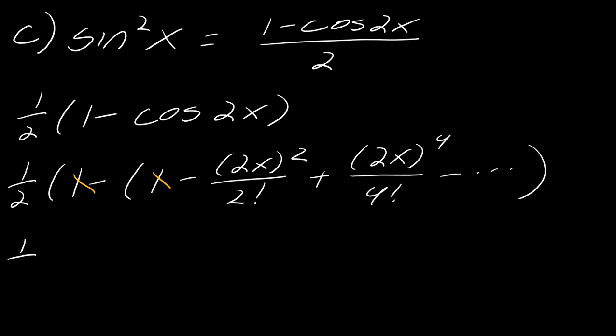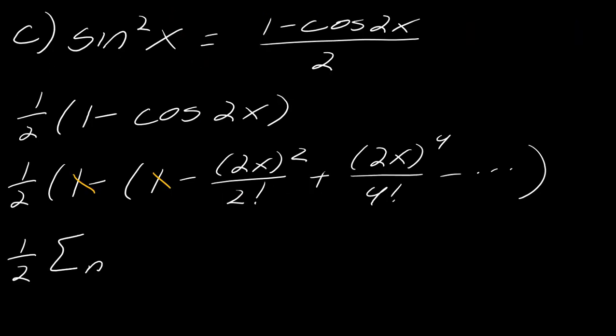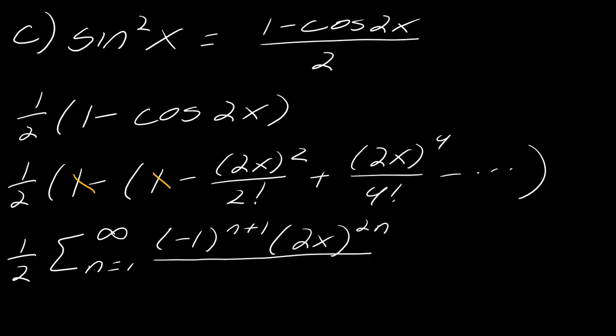I'm going to rewrite this as 1/2. And I also want to re-index it so that we don't start at 1. I want to start here. So looking at what my series is, I'm going to re-index the -1, and I don't want it to start at 0 anymore. I want it to start at the next term, so I'm going to change this 0 to 1. So this is n equals 1 to infinity, -1 to the n plus 1, 2x to the 2n over 2n factorial.